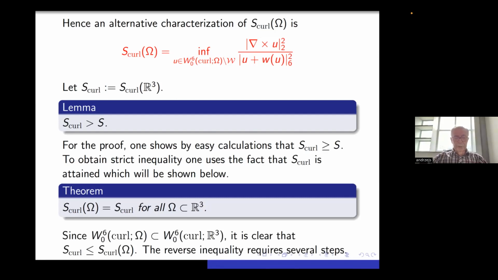And in one direction, this is easy because this is a subspace of this. So we get S curl less than or equal to S curl on omega. And the reverse inequality is in fact much more difficult to show, and I will not discuss this in this talk.